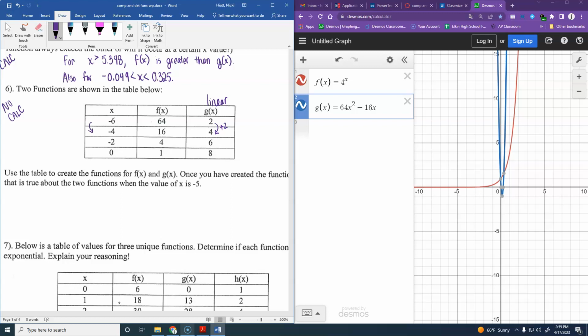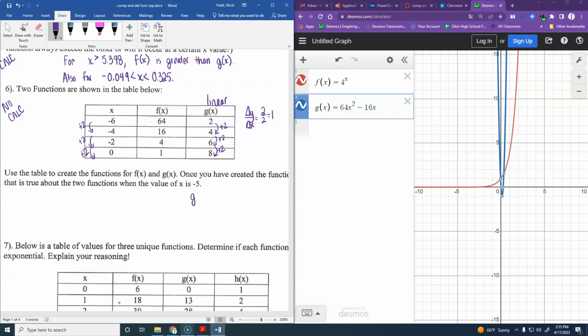Over here we're going up by 2, 2, 2, 2. And over here we're also going up by 2, 2, 2. So that means my slope, or my change in y over change in x, is going to be 2 over 2, which will give me 1.